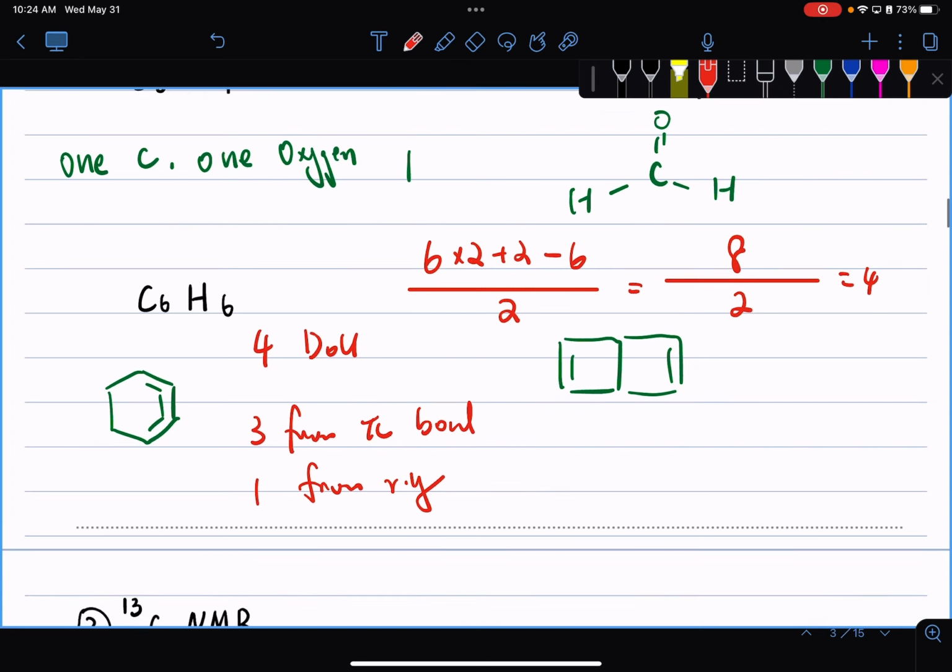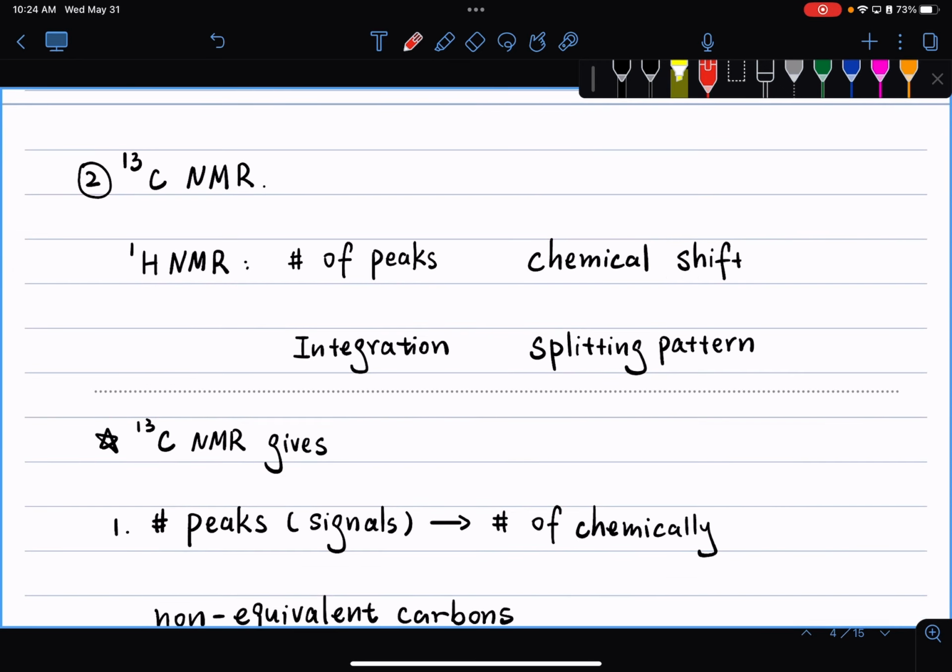Okay. Next topic, carbon NMR. Now, in proton NMR, we know that in nuclear magnetic resonance, you get 4 different kinds of information, right? You get number of peaks, chemical shift, integration, and splitting pattern. Carbon NMR is the same.